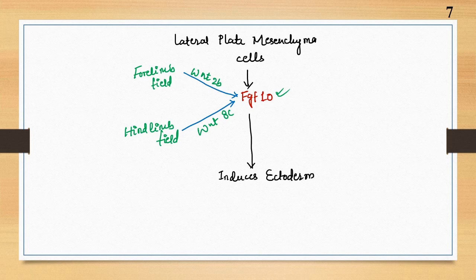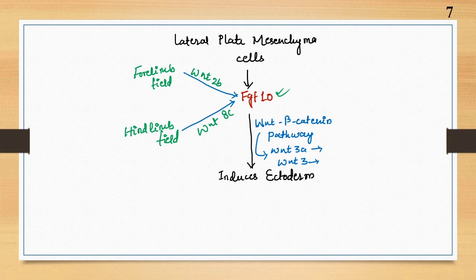Okay, the mechanism by which FGF10 induces the ectoderm is known as Wnt beta catenin pathway. And the Wnt molecule which is involved here can be Wnt3A or Wnt3. Okay.